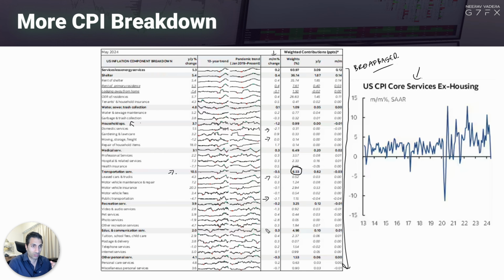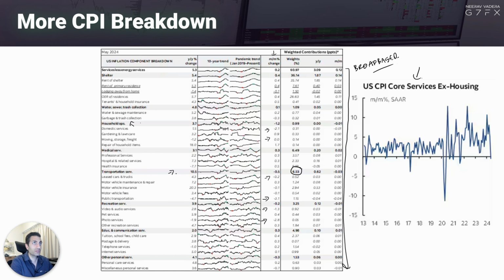Can you see it's all across the board? Photo services, video and audio services. Don't ask me for specifics about what these are, but in general, some of these things have stayed quite punchy. Tuition, school fees still quite expensive, but in general, can you see, very broad based, and that's why the market took this number very, very positively.